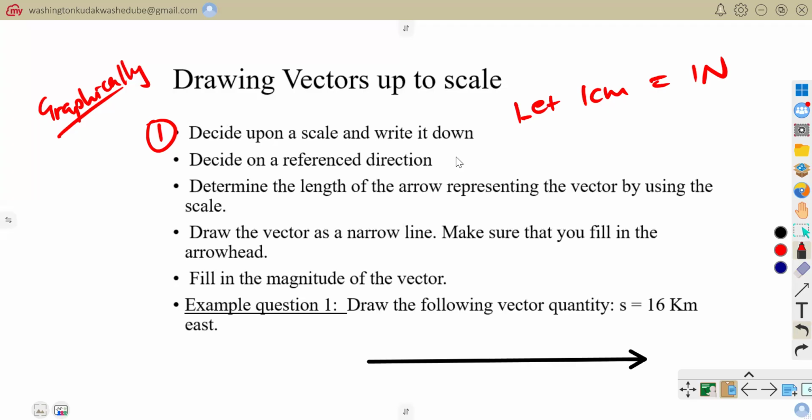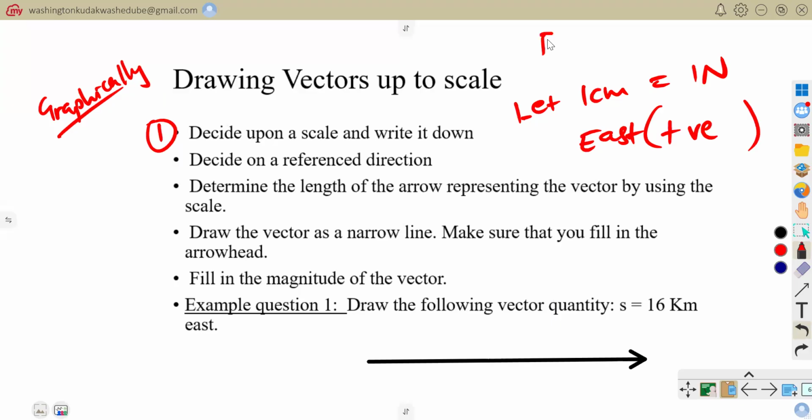What do we mean by reference direction? We are going to the east, so we can say the east, let it be the positive direction.